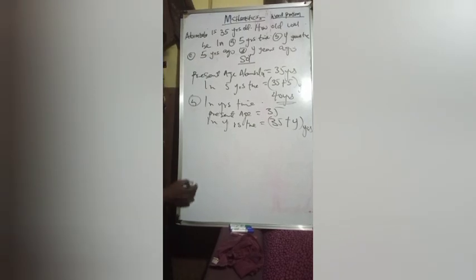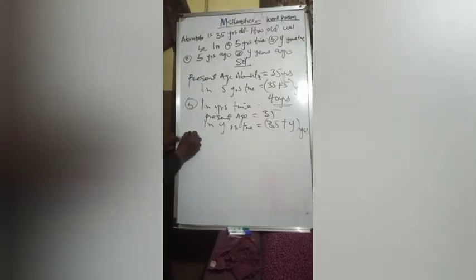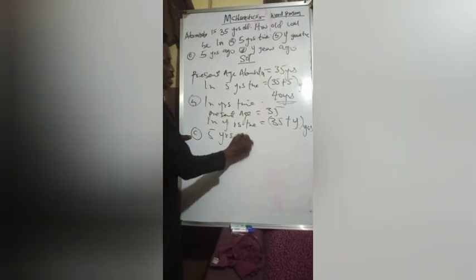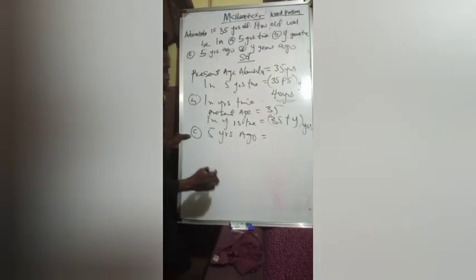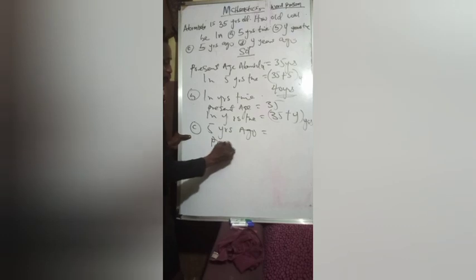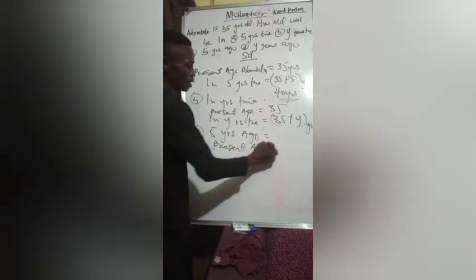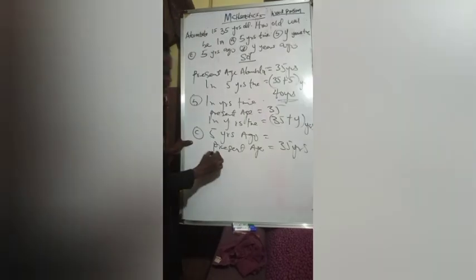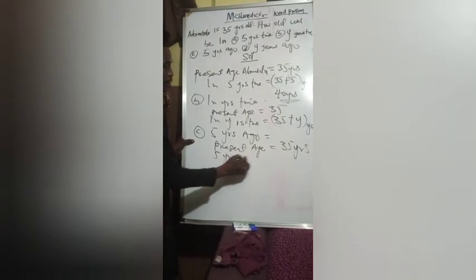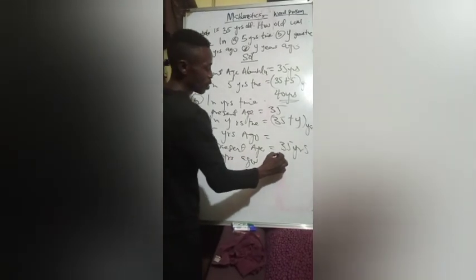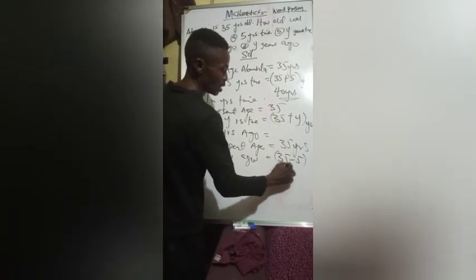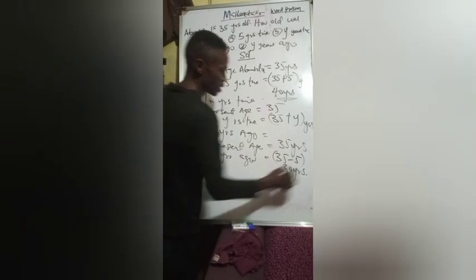Now, this is the question: 5 years ago. 5 years ago, that means it has passed. Present age is what? The present age is 35 years. Then 5 years ago is going to be what? 35 minus 5, which is going to give me what? 30 years.